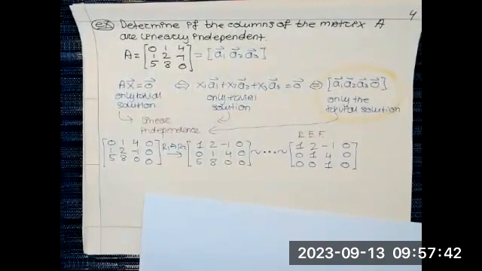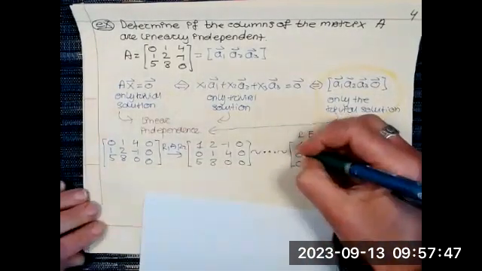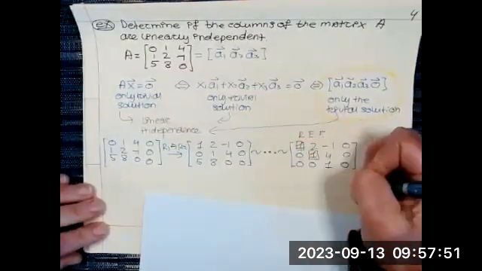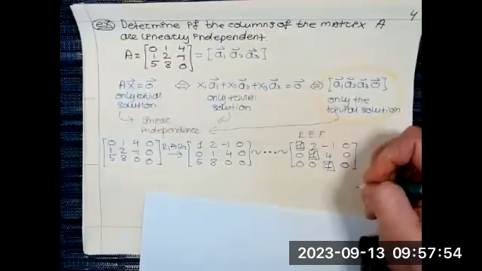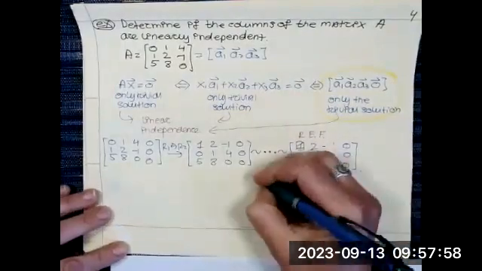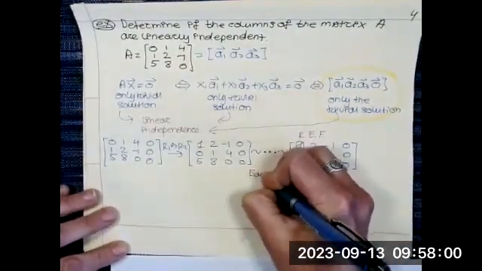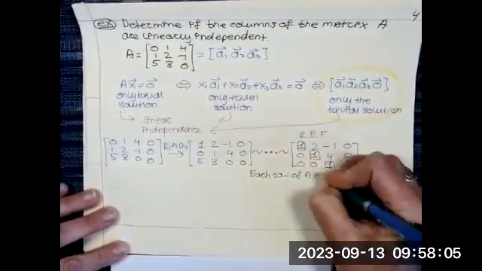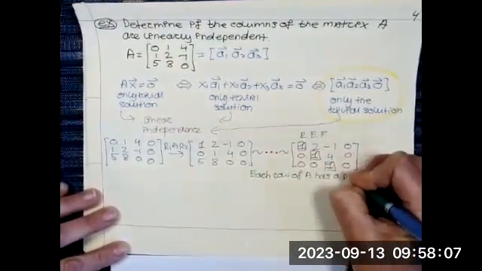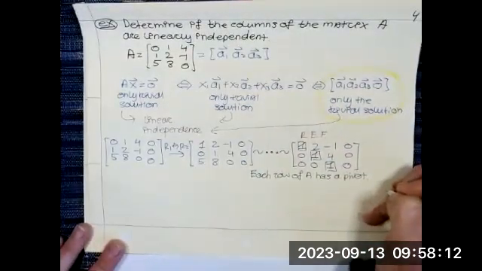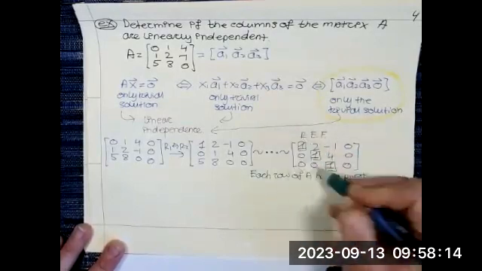All right, so what do we have here? If I examine, I have a pivot in the first column, a pivot in the second column, and a pivot in the third column. So each row of A has a pivot. What does this mean in terms of our variables?